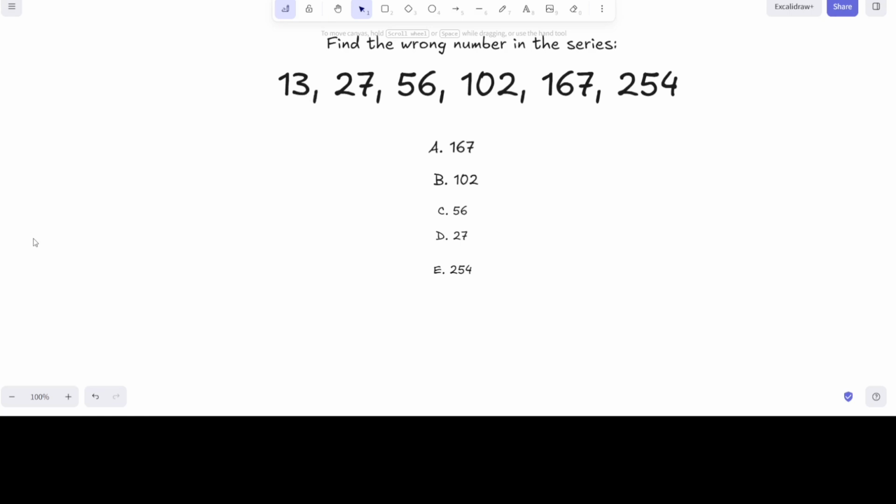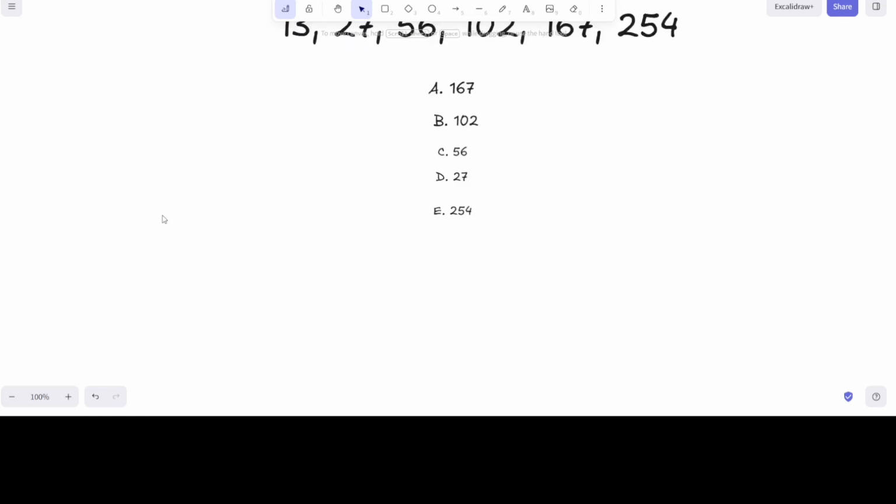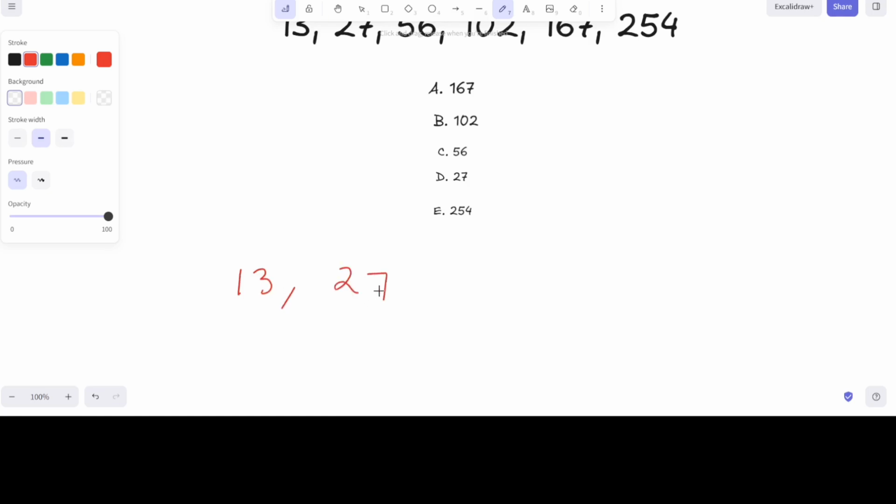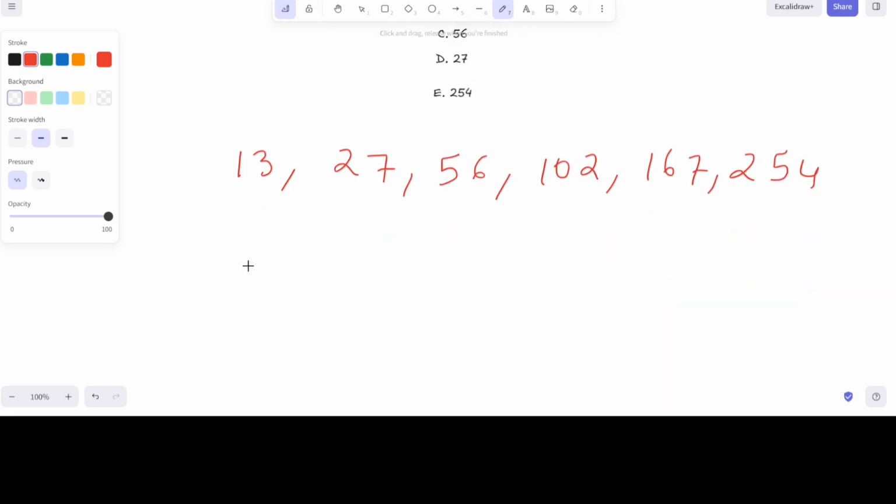First we can write the series here again so that you can see this clearly: 13, next is 27, next is 56, next 102, next 167, next 254. Okay, let's solve this.